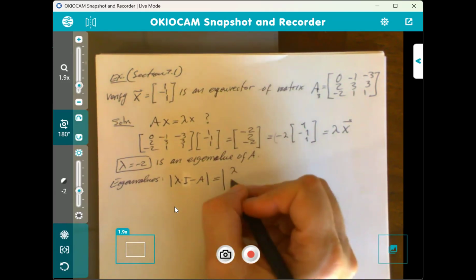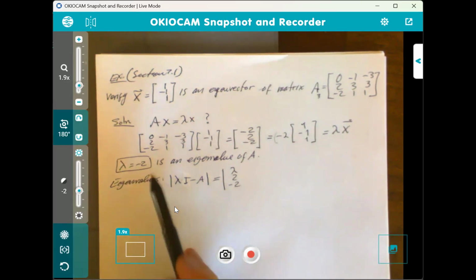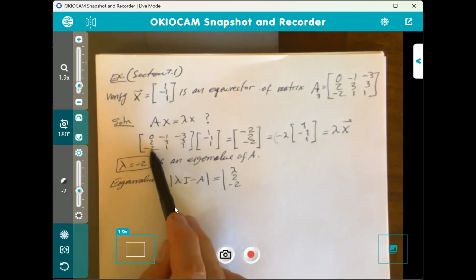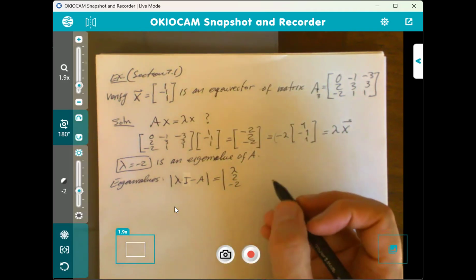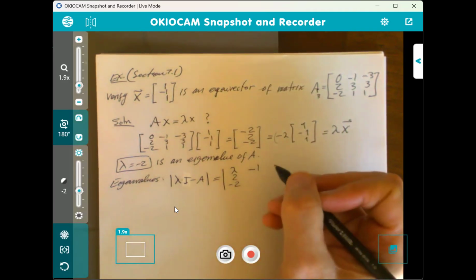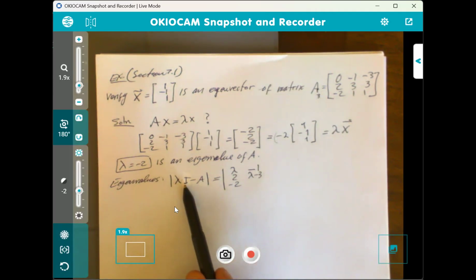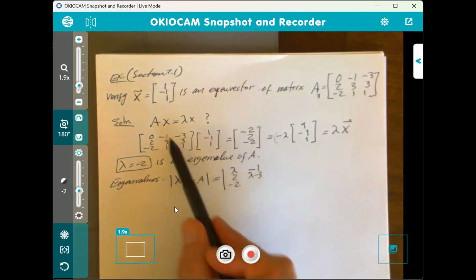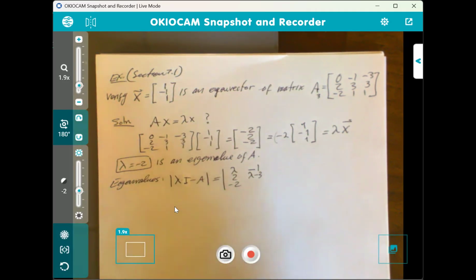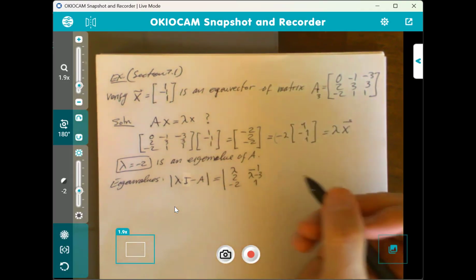So it's going to be lambda, 2, -2. That's 2, -2 coming from matrix A. And then -1. Then it's going to be lambda minus 3. That's lambda, second row, second column of identity is 1 times lambda, so lambda minus 3 because you're subtracting A. And then this element won't change.